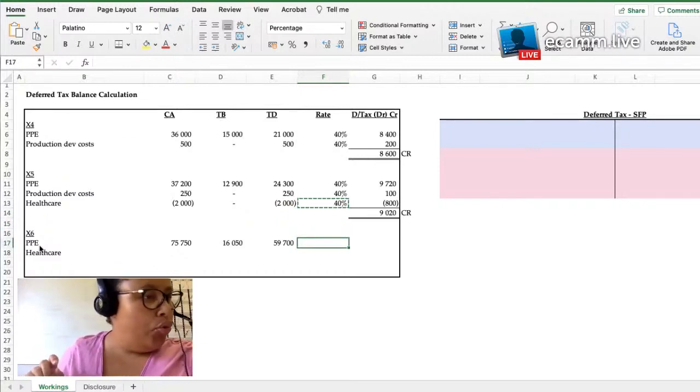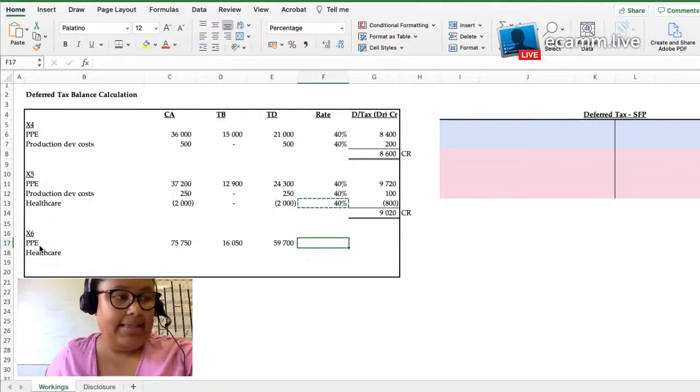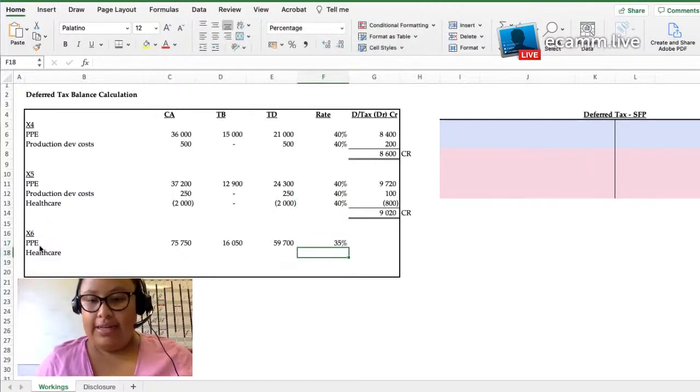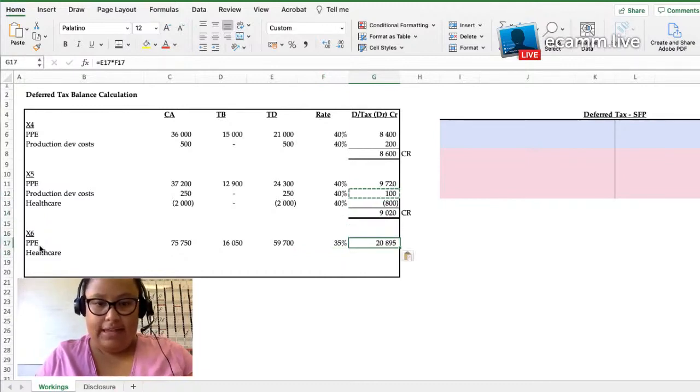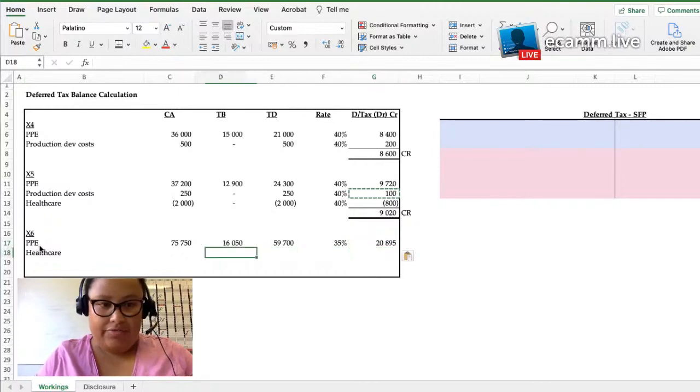So we are told that in X6, the enacted income tax rate was 35% of taxable profit. Okay, so now we actually have to calculate our deferred tax at 35%. Okay, so let's just copy that down there. Okay, so that gives us that deferred tax over there.